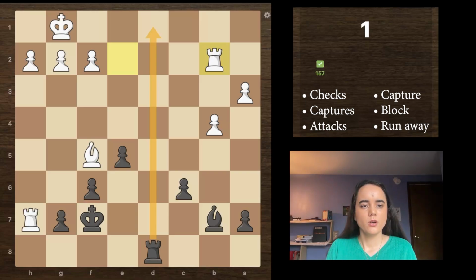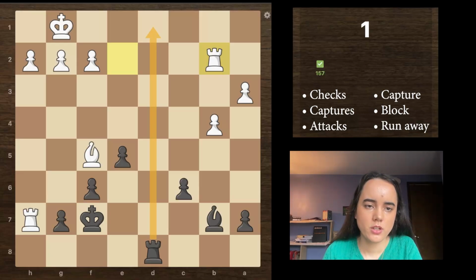Once again, when the king is in check, he can either capture the piece, he can block, or he can run away. So, can he capture our rook? No, he cannot. He has no piece to capture it with. Can he block? He cannot block.